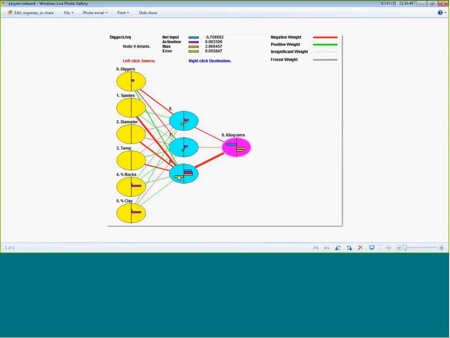So you can see the number of shovels or spades they had and the diameter of the hole they're going to build had big influence on how many kilograms of dirt they're going to dig. You can also see that some of the weights are negative and some are positive, just like in a regression equation, where some of the coefficients for the features are negative and some are positive.